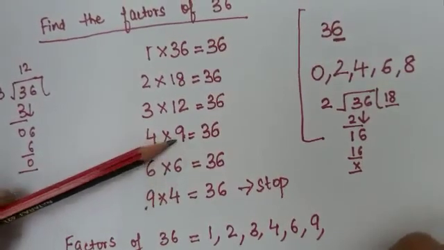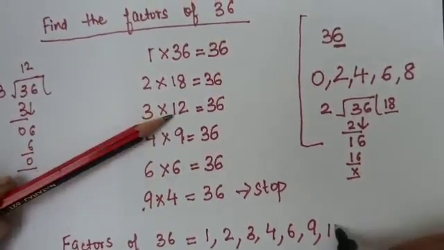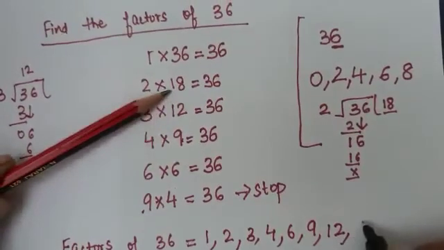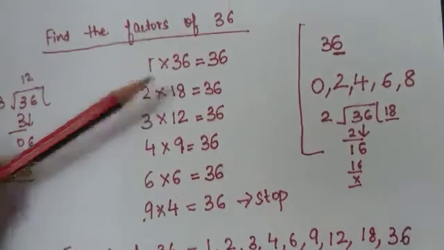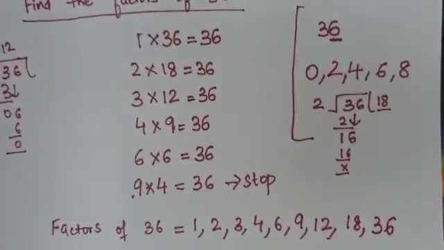No, no, yes. Then 12, then 18, then last 36. So these are the factors of 36. I hope it is clear to you now how we can find the factors of a given number.